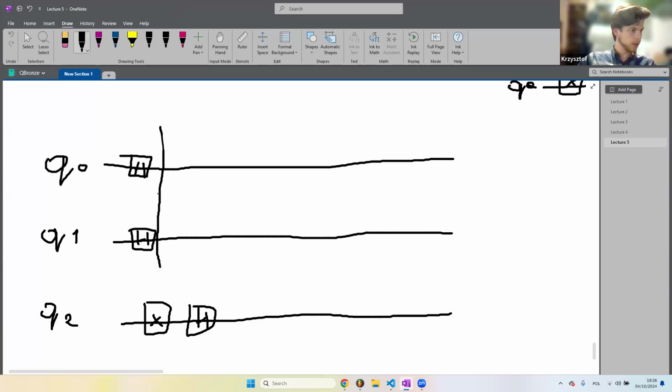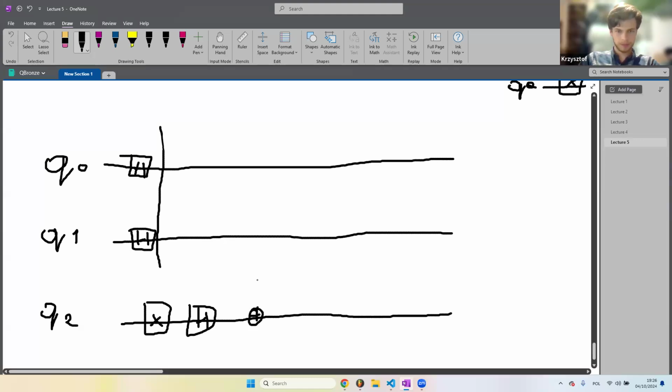Then we apply our oracle operator, which is in the form of a controlled NOT gate. And maybe I will try to draw it differently.